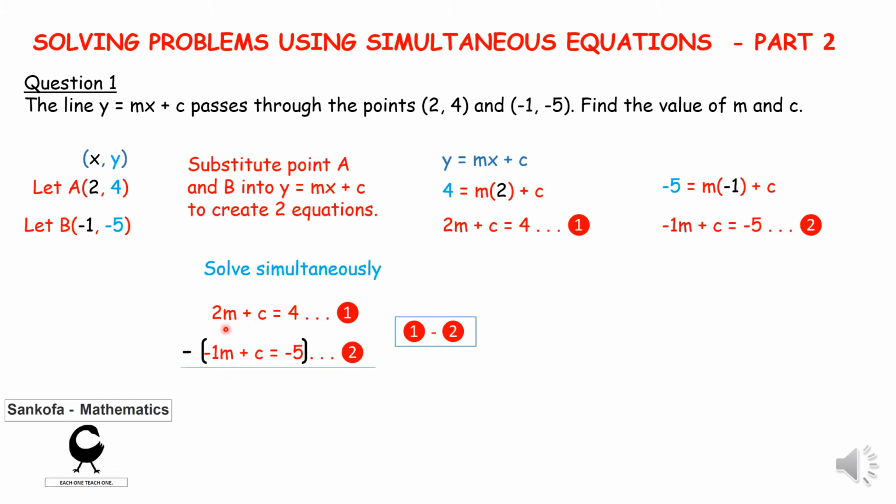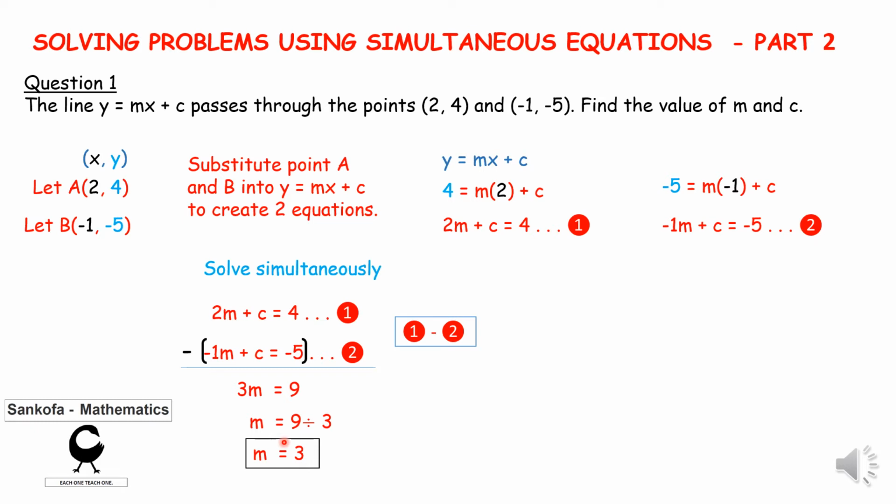You have to be a bit careful here. 2m minus -1m gives you 3m, and 4 minus -5 gives you +9. Use a calculator if you can't do that adding and subtracting of negative numbers. So this gives me that m is equal to 3.